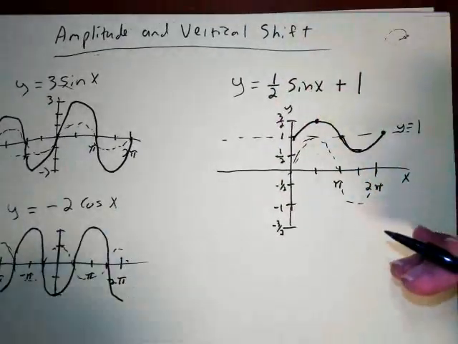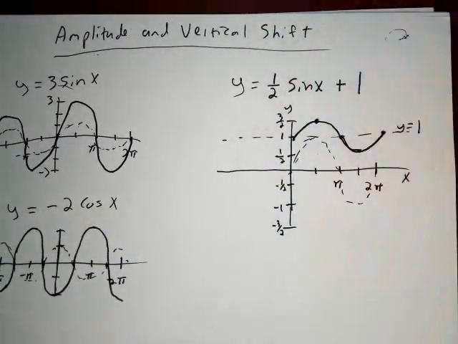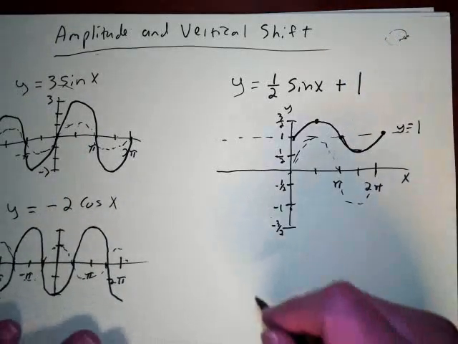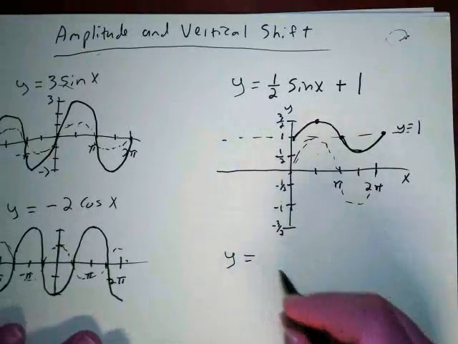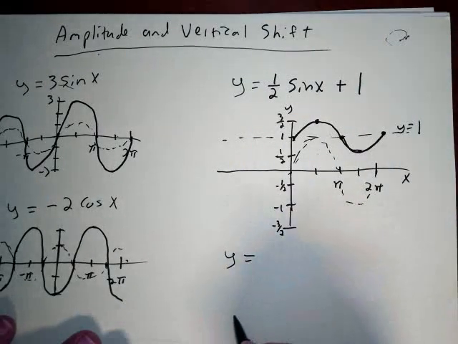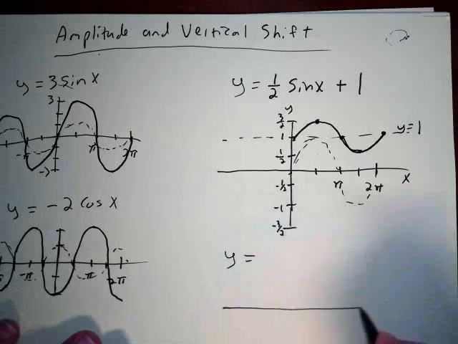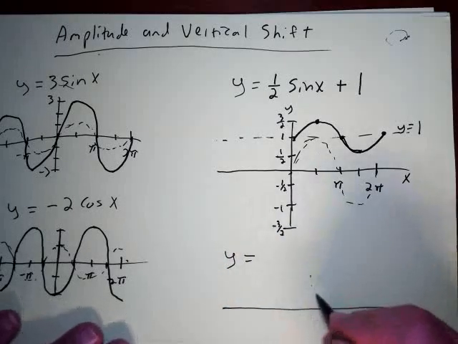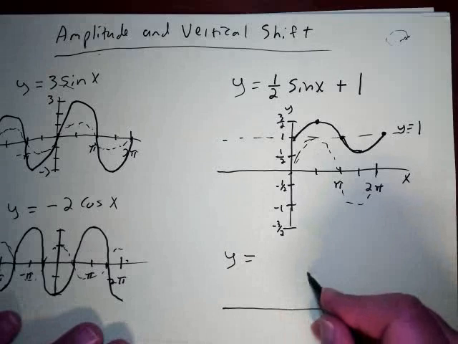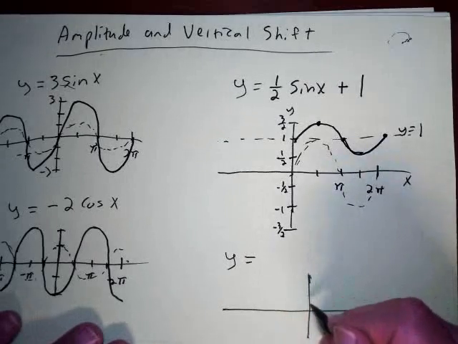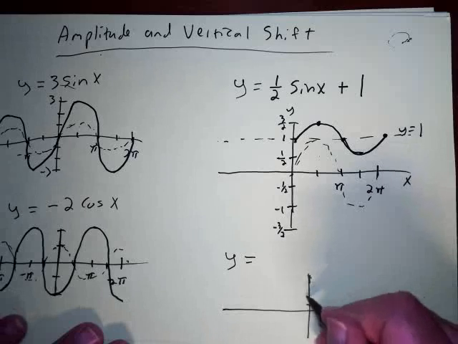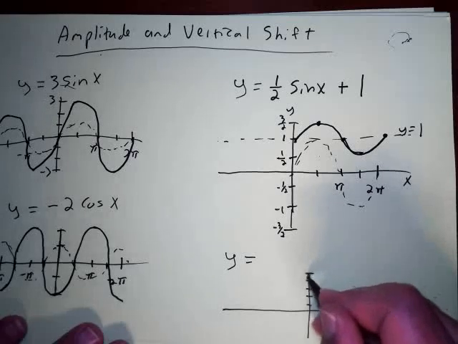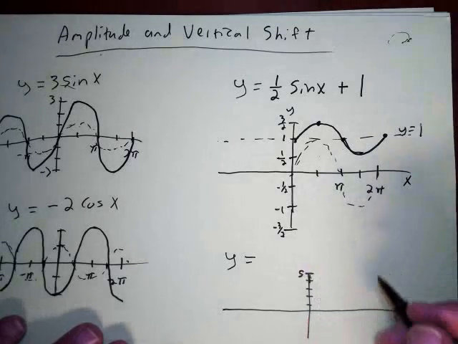So let's say I would like this thing to oscillate between 0 and 5, right? So in other words, I want this thing to oscillate between 0 and 5. So I'm kind of asking a slightly different question because I don't have the function yet. But let's say this is 1, 2, 3, 4, 5. Here's 5.